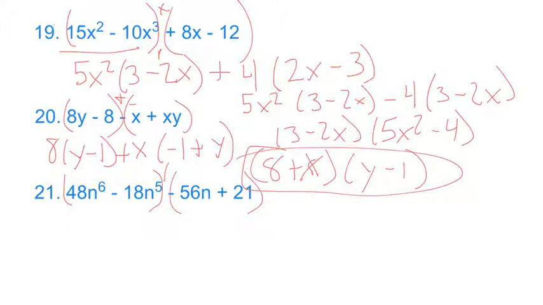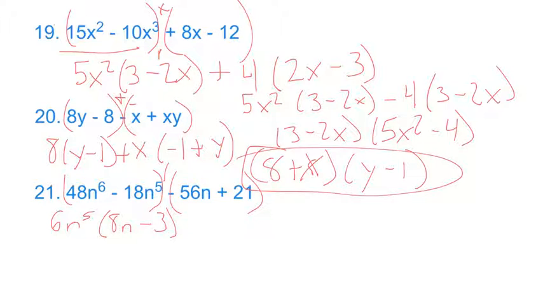Now, 18 does not go into 48 evenly, but 6 does go into both evenly, so I would have a common factor of 6n to the 5th. 48 divided by 6 is 8, so I'd have 8n, because n to the 6th. Then we'd have a 3.